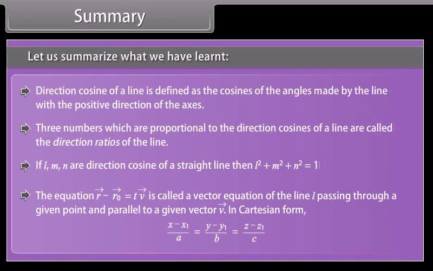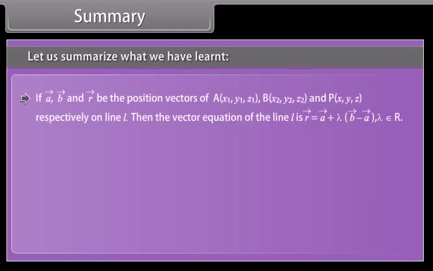In Cartesian form, if vectors A, B, and R are the position vectors of A, x1, y1, z1, B, x2, y2, z2, and P, x, y, z respectively on line L, then the vector equation of the line L is vector R equals vector A plus lambda times vector B minus vector A, where lambda belongs to real numbers.